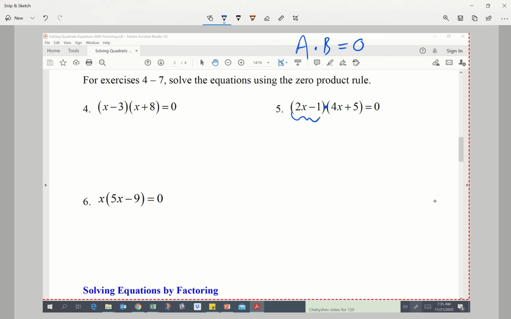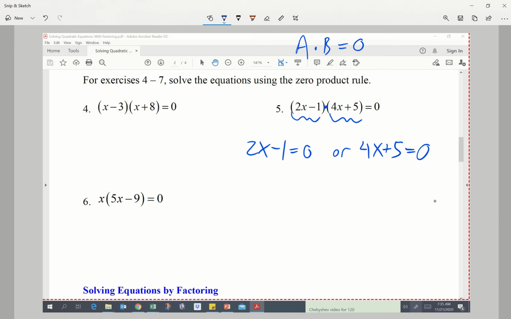So this factor times this factor equals 0. According to the zero product property, the only way that can happen is if one of these two factors is equal to 0. So this means that either 2x minus 1 is equal to 0, or that 4x plus 5 is equal to 0. And that's a direct consequence of the zero product property.